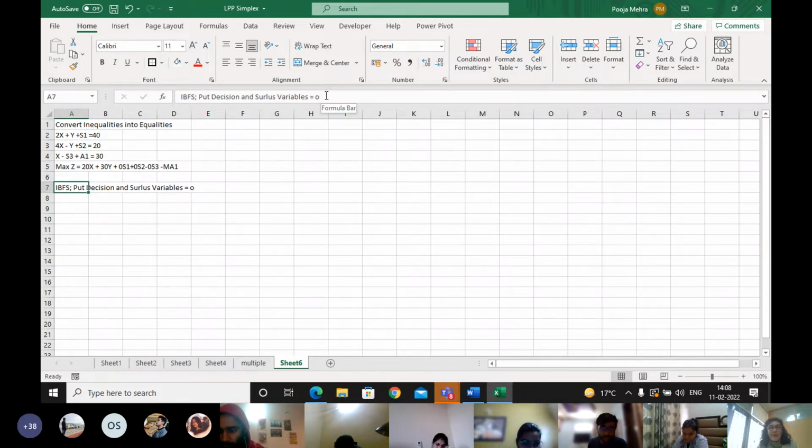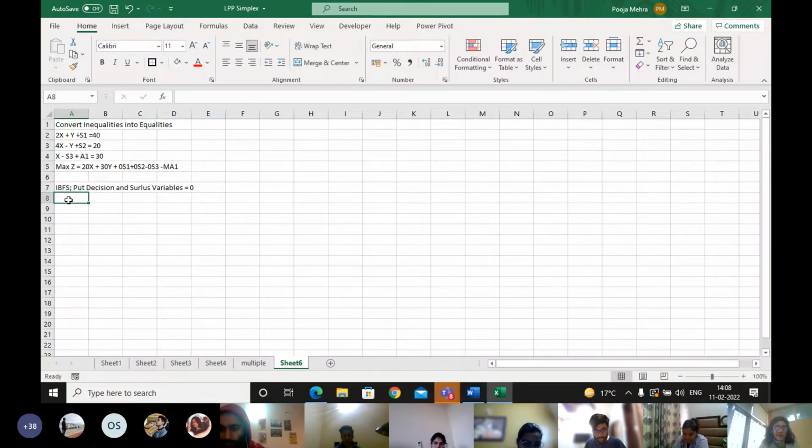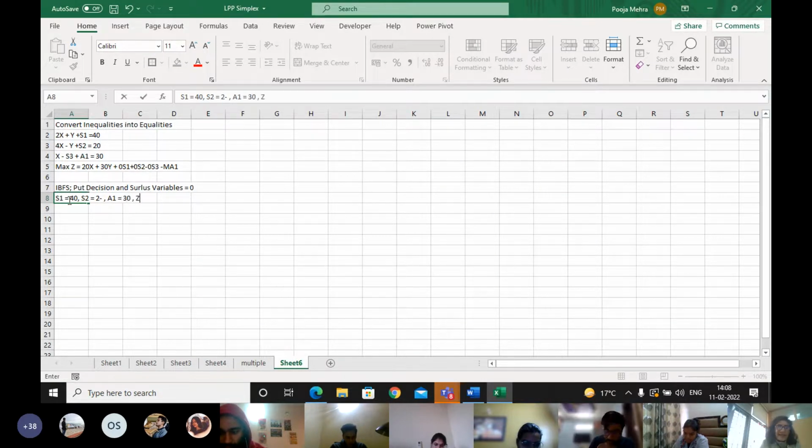When I put all these equals to 0, S1 equals to 40, S2 equals to 20, A1 equals to 30, right? And Z is equal to 0 minus MA1, so minus 30M. Right?